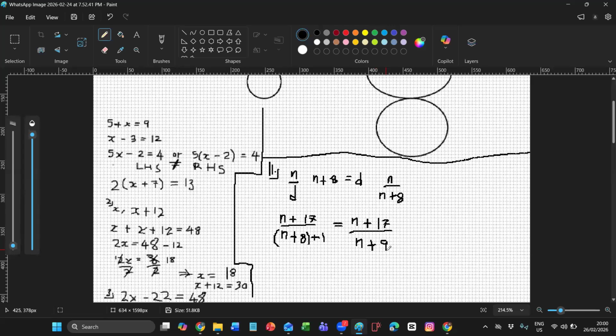Now, let me tell you the mistake some people are going to make at this point. Because the question told us that it will be equal to 3 over 2, you know what some people are going to do? They will want to think that either n plus 17 equals 3 or n plus 9 equals 2. Even looking at the logic behind that reasoning, you see that reasoning is very, very faulty.